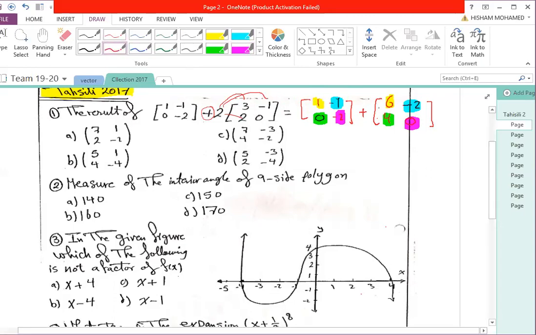So 1 and 6 is 7. Negative 1 and negative 2 is negative 3. 0 and 4 is 4. And negative 2 and 0 is negative 2. So the answer is 7, 4, negative 3, and negative 2, which is C.